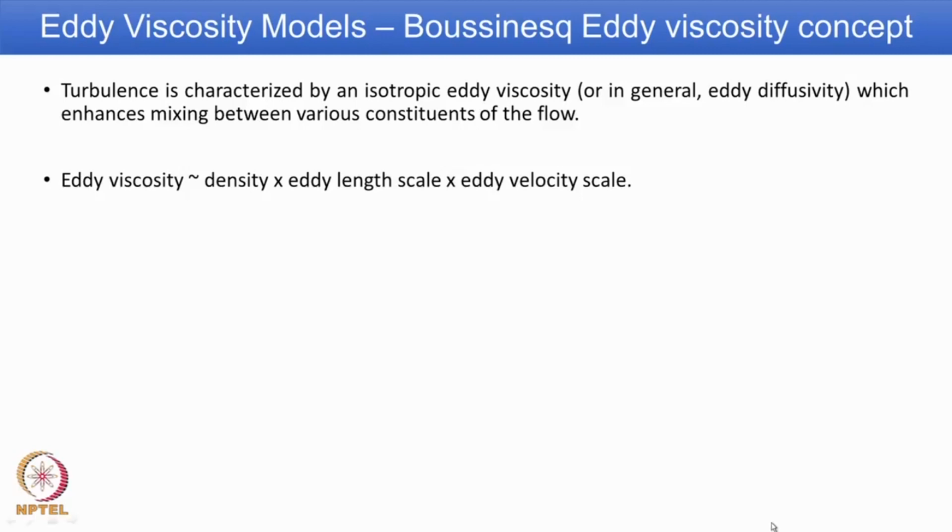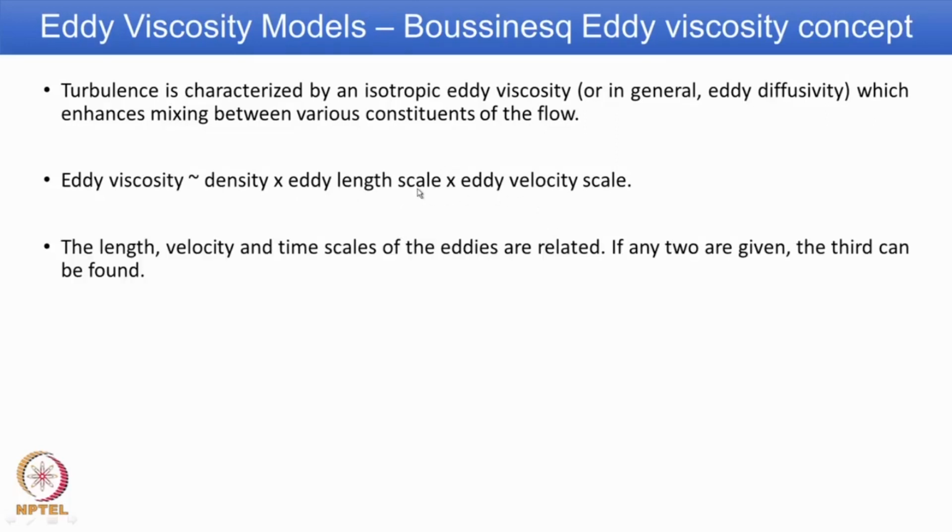And based on dimensional argument, eddy viscosity is proportional to density multiplying by eddy length scale and multiplying by eddy velocity scale. So, in a flow you will have all the 3 scales, length, velocity and time scales, and we know they are all related to each other based on dimensions.